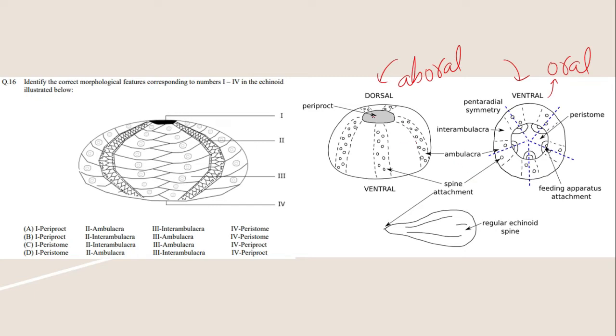Where there is the anus, around it there are smaller plates that surround it called periproctal plates, and the whole area containing the genital and ocular plates is collectively called the periproct. On the ventral or oral side, such an arrangement is also present, and the whole area is collectively called the peristome.